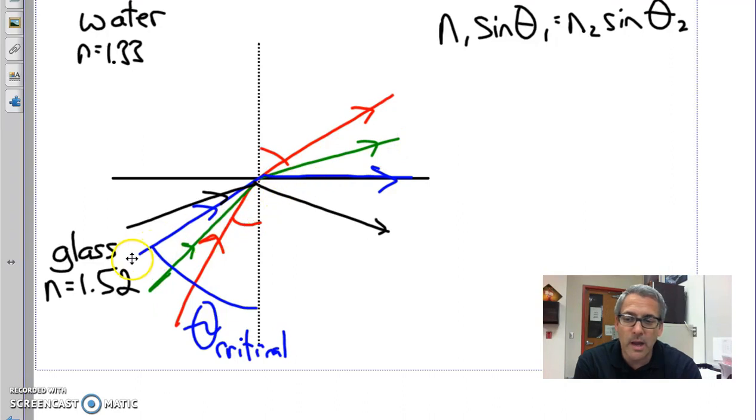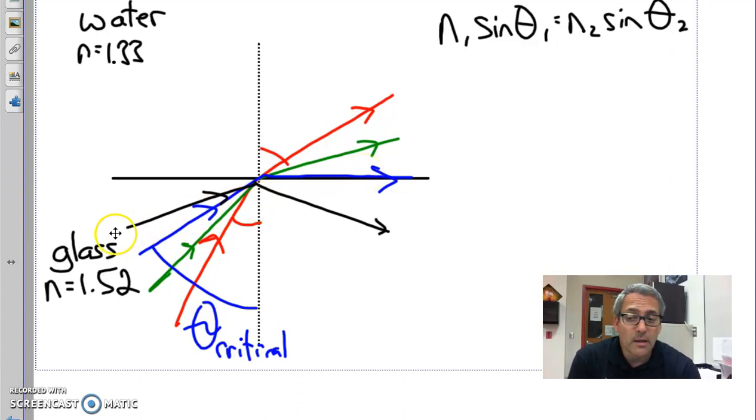And we look at the blue ray, when it hits the boundary, it's bent away, but it's reached a limit here. When it bends right across there, and that becomes 90 degrees, we call this angle the critical angle. So the critical angle is the angle at which when light hits the boundary, it no longer escapes. And at that point, we talk about total internal reflection.